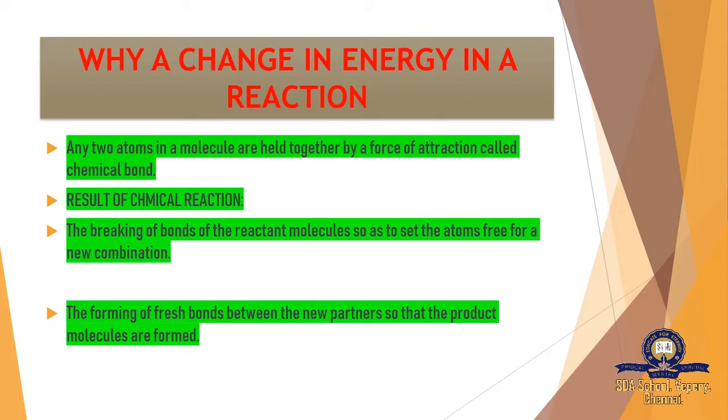Result of chemical reaction: in the formation of a chemical bond, we can call it a chemical reaction. So what is the end of this chemical reaction? What result are we getting? Here is the breaking of bonds of the reactant molecules so as to set the atoms free for a new combination. Once the bond has been broken, the atoms are free for a new combination.